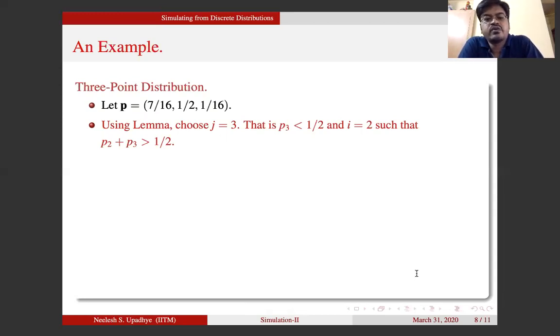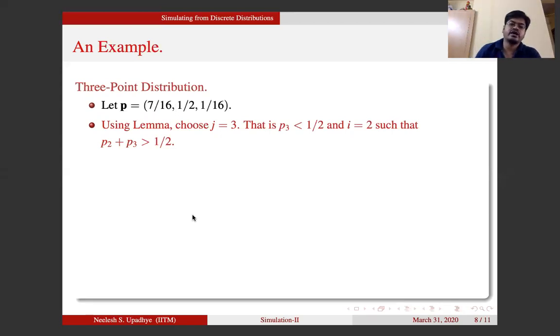Right? And now I want to choose another point, that is alias of this 3 or a buddy of this 3, which satisfies that P3 plus P2 should be greater than half. Now there is one point. See, essentially if I choose point 1, it is 7 by 16 plus 1 by 16, 8 by 16. It actually gives me half. So I am not interested in choosing 1 as a point. So I will choose a point which is slightly of higher value, that is 2.